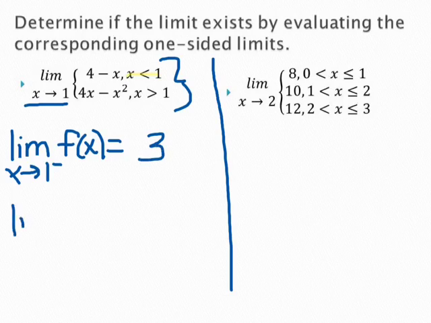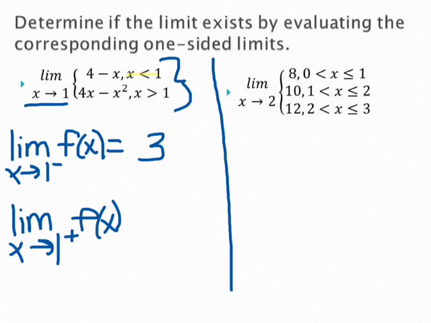Now, if we look at the limit as x approaches 1 from the positive side of our function, well, our domain restriction for the second function is x is greater than 1. So as we approach 1 from the right side, we are moving along this parabola.